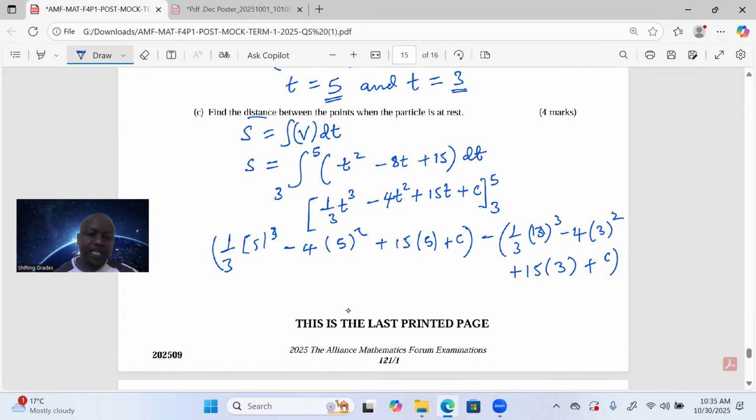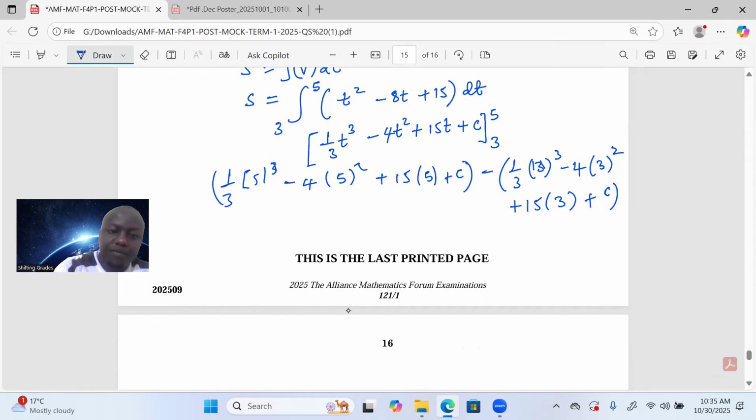Then now you enter into your calculator and you carry out substitution. So in the first case, I'm getting 50 over 3 minus 18 plus c.